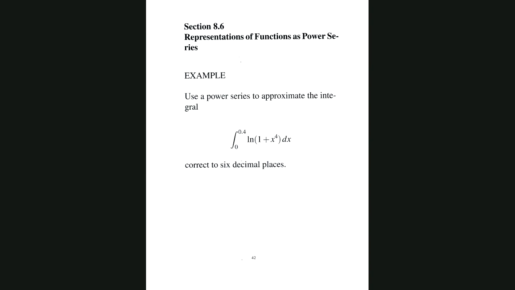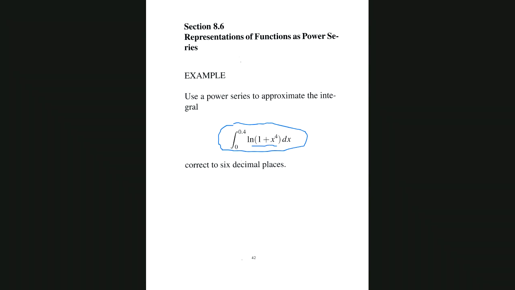So we want to use a power series to approximate this integral correct to 6 decimal places. And this integral, of course, the question is, how are we going to use the formula that you learned to express this log of 1 plus x to the 4th as a power series?